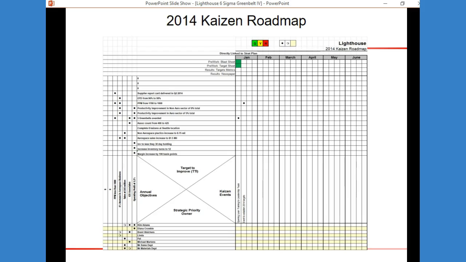So again, the only thing I'm entering here is the Kaizen event, and then in the proper date, and then I'm just color coordinating up above to say, hey, it's completed, or it's in process, or it's behind in red. So green, yellow, and red.